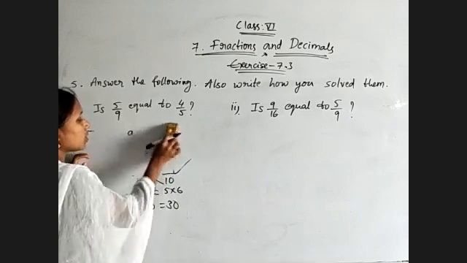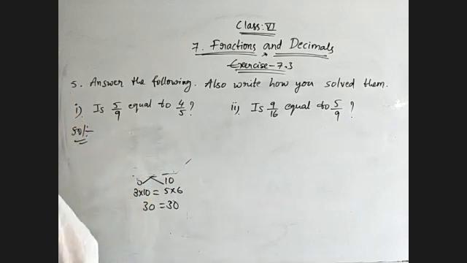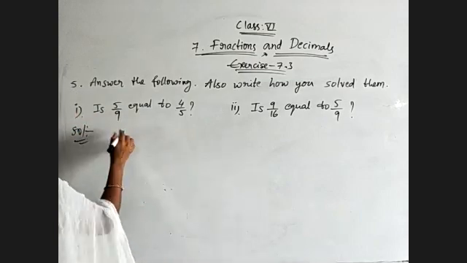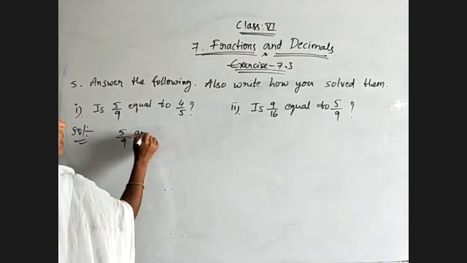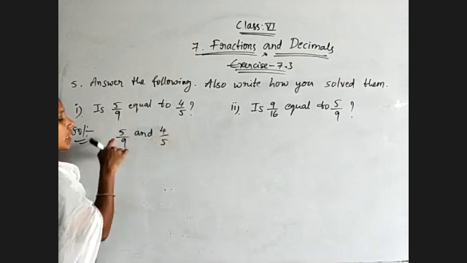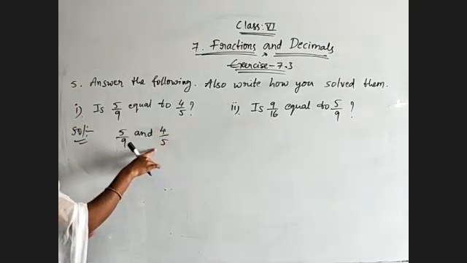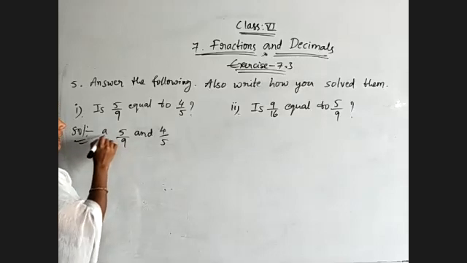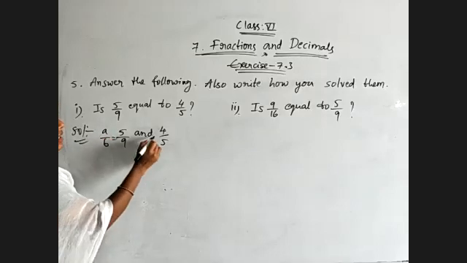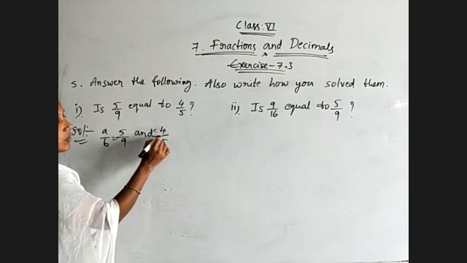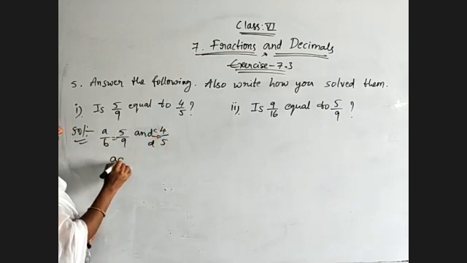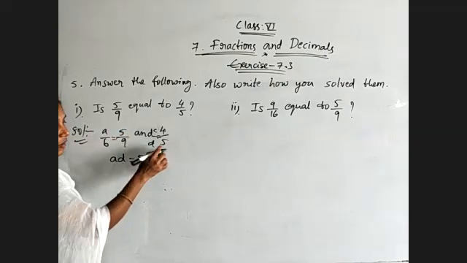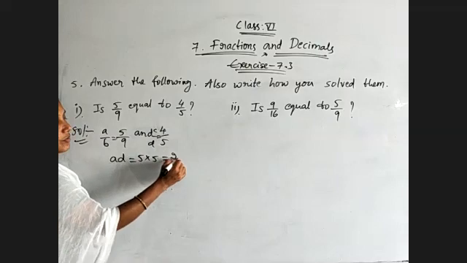Now here those two fractions are 5 by 9 and 4 by 5. Means A by B is 5 by 9, C by D is 4 by 5. So we will check the AD value. That is A into D. A value is 5, D value also 5, so it is 25.